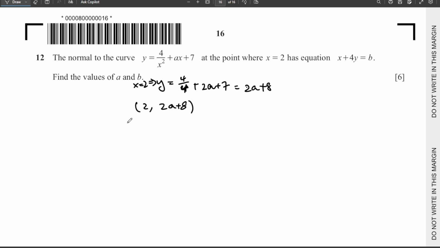And let's take the derivative so that we can find the gradient. To find the gradient at that point, we evaluate it when x equals 2, which gives us negative 1 plus 8. And to find the normal gradient, we take the negative reciprocal. So something like that.